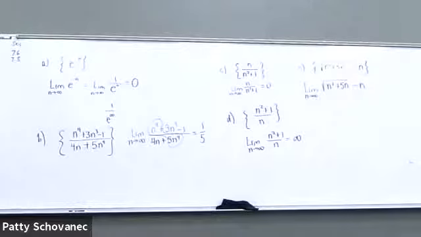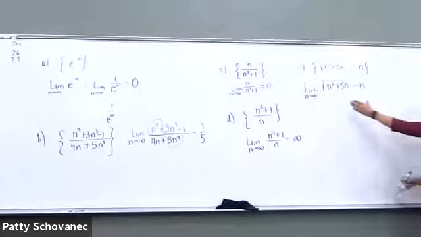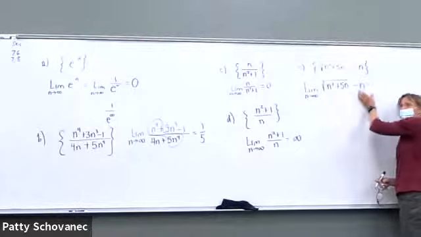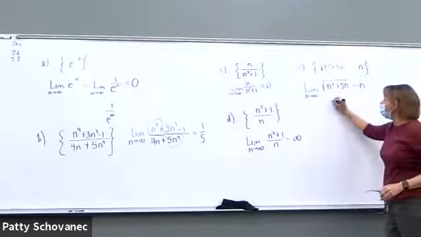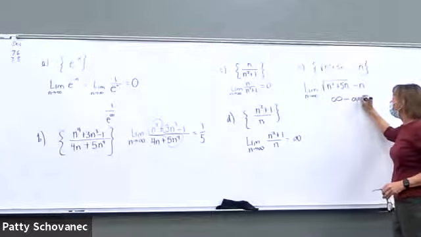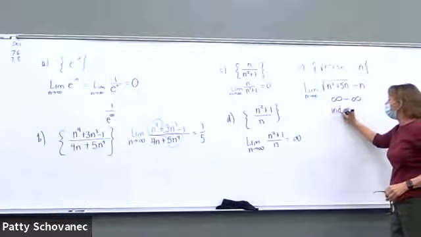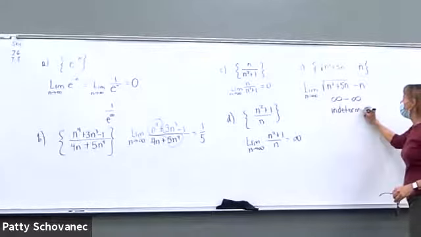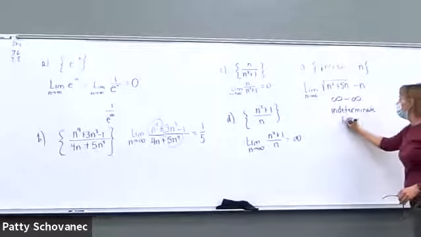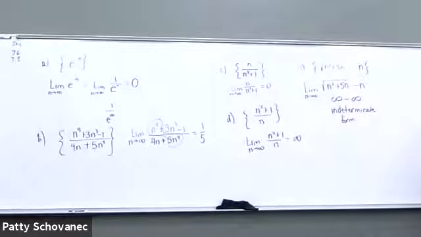All of these n's are in the numerator, so as n gets large, so do those expressions. So this first term gets infinitely large, so does this, but they're being subtracted. So this has the indeterminate form of infinity minus infinity. Not an appropriate indeterminate form for L'Hopital's rule, but is an indeterminate form that says, if you want to compute this limit, you got to do some more stuff to it.